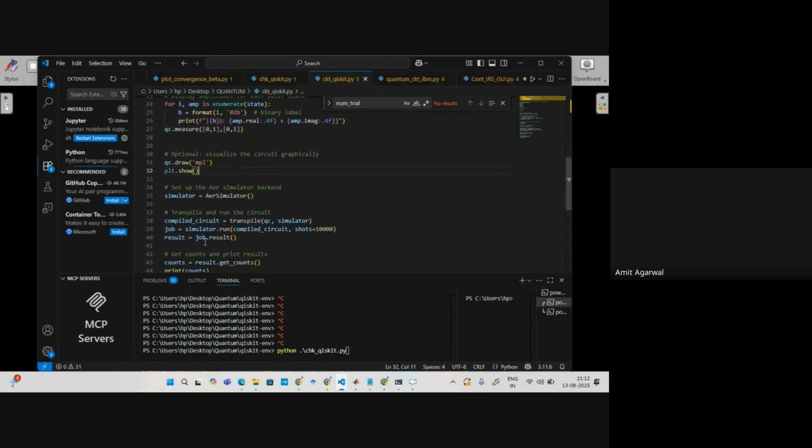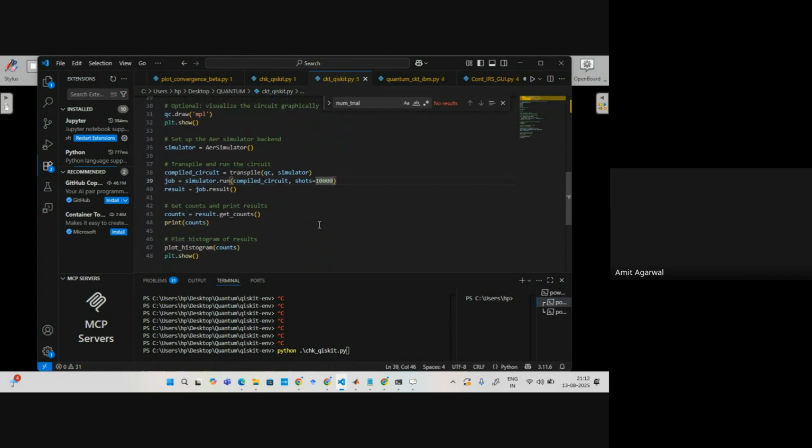Next, our aim would be to simulate it, to run it, right? If you run it for 10,000 times, which we control by this, and you can change it, around 5,000 times we will get 0, 1, and around 5,000 times we will get 1, 0, right? In order to show that, we will draw the histogram and also print the counts.